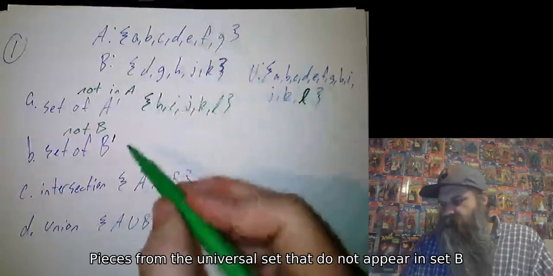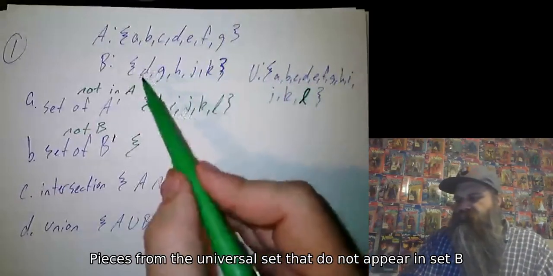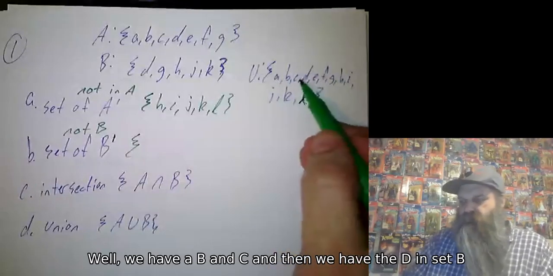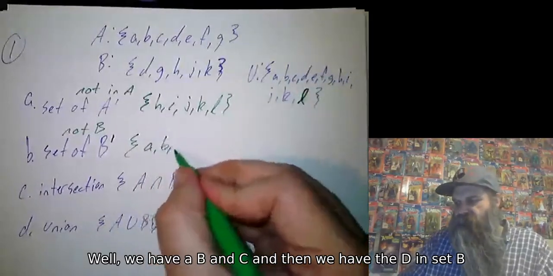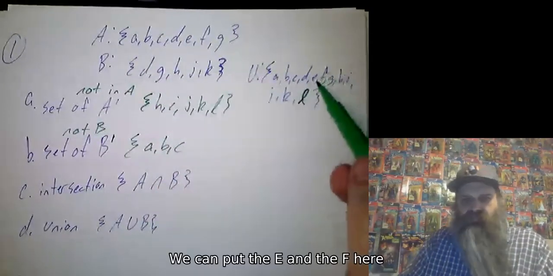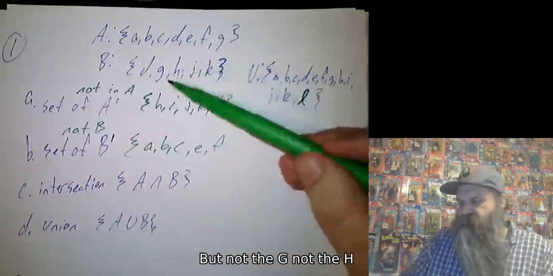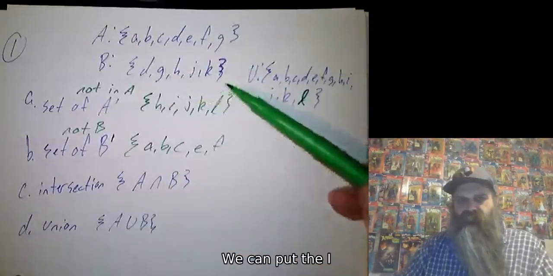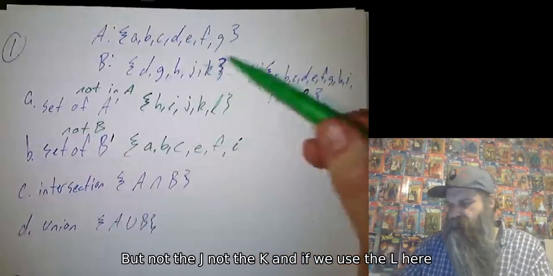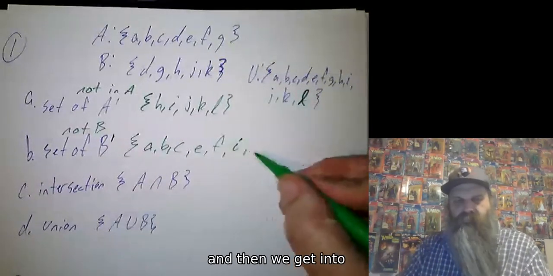So, pieces from the universal set that do not appear in set B. Well, we have A, B, and C. And then we have the D in set B. We can put the E and the F here, but not the G, not the H. We can put the I, but not the J, not the K, and if we use the L here, we can put that.